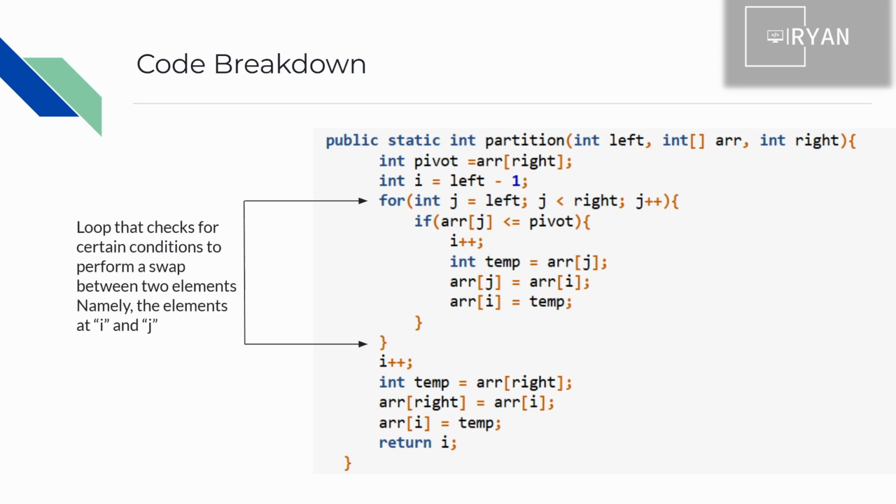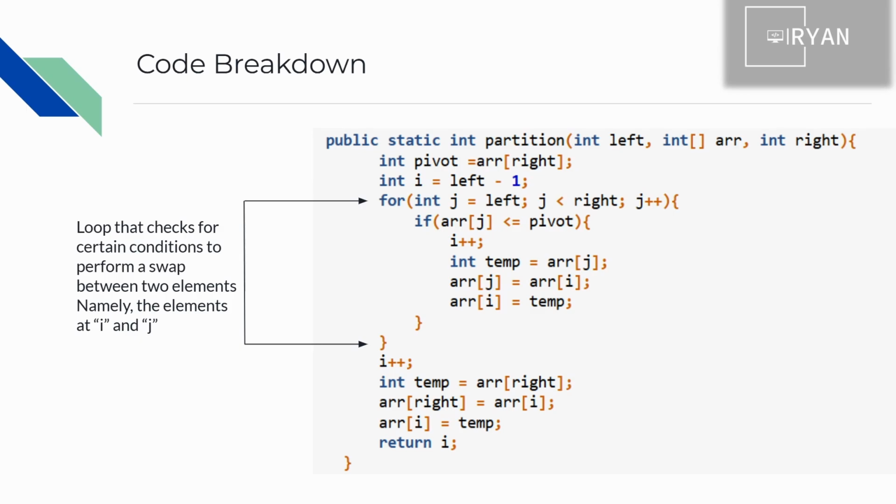So here we can see a for loop that checks for certain conditions to perform a swap between the two elements that I've just said. Looking at the for loop conditions, we can see that our index j will start from our left index, which is typically the start index of our sorting portion or our sorting range.